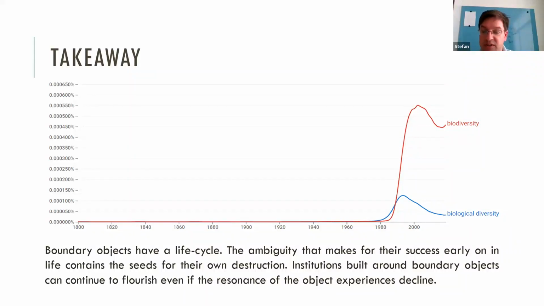This ambiguity was only needed at the moment where it was necessary to create a large constituency for a project, to draw diverse groups of people who had different interests and different values together. And after the institution building was done, it wasn't necessary anymore to focus on this boundary object, and one could well do one's work in a different way.